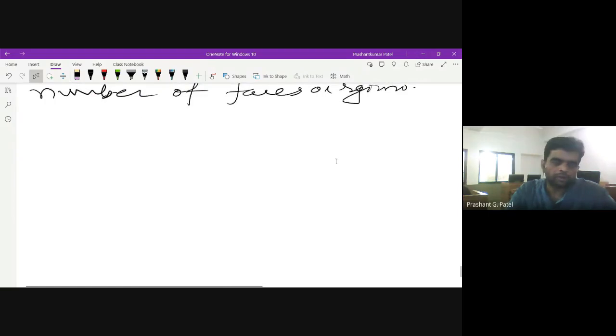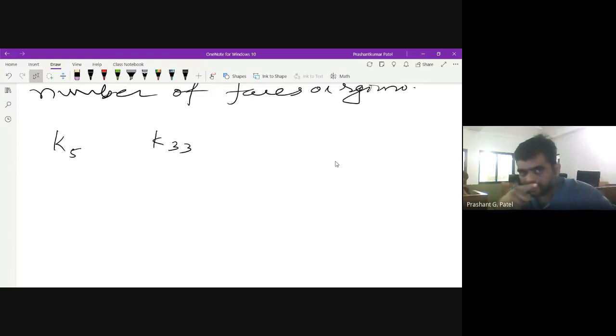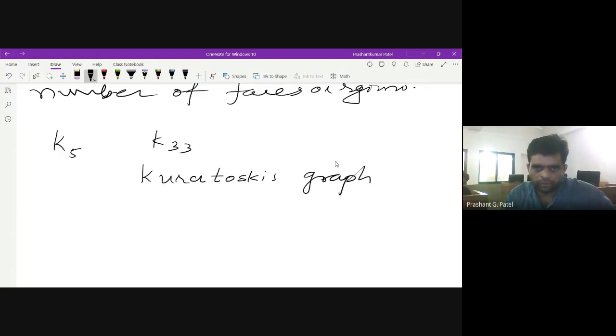Here they have talked about K5 and K3,3. The complete graph K5 and the complete bipartite graph K3,3 are called Kuratowski's graphs.